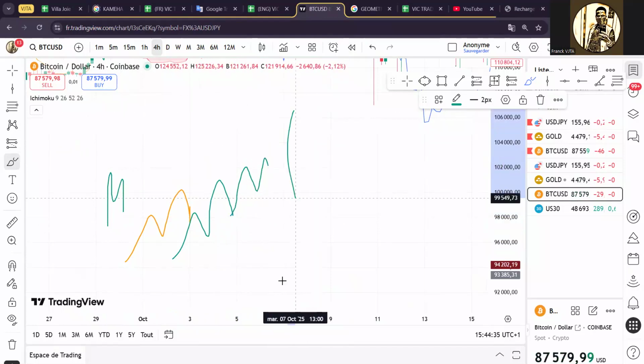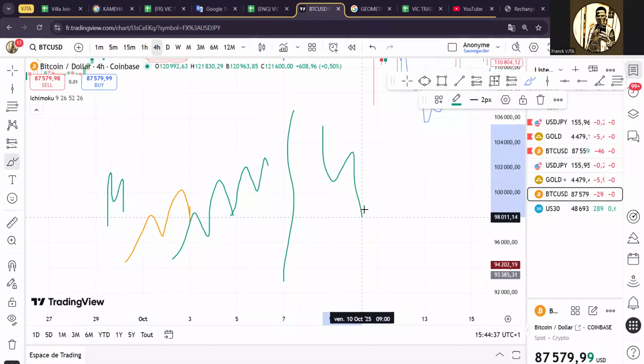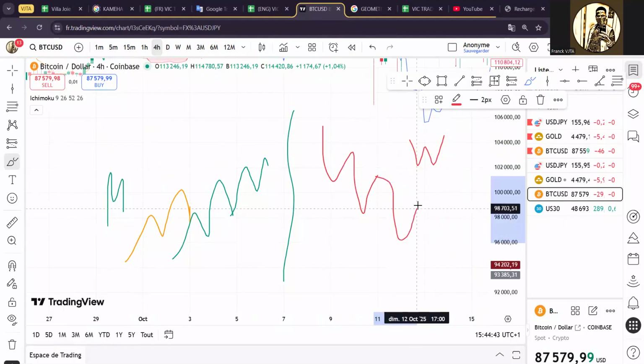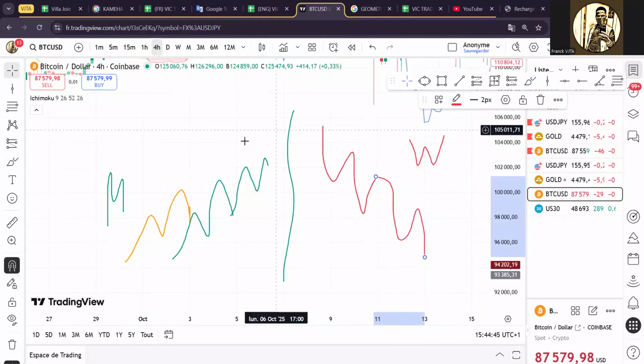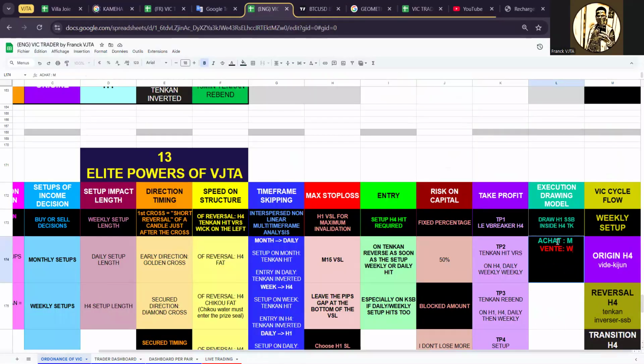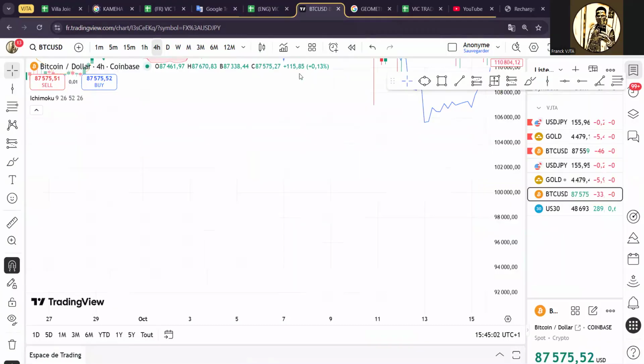And when it is falling down, it is falling down like a W shape, isn't it? Nice. So that is the basics of the execution model. The buy moves like an M, and the sell falls down like a W shape. That's what I'm talking about here.